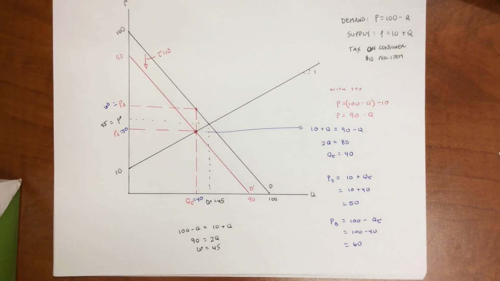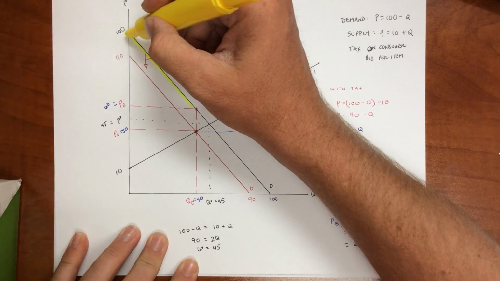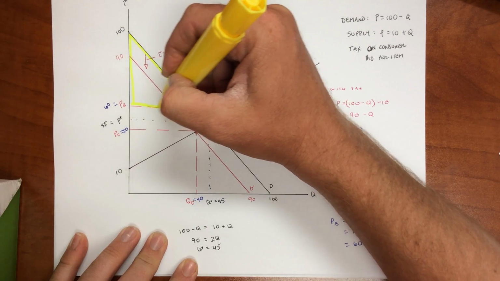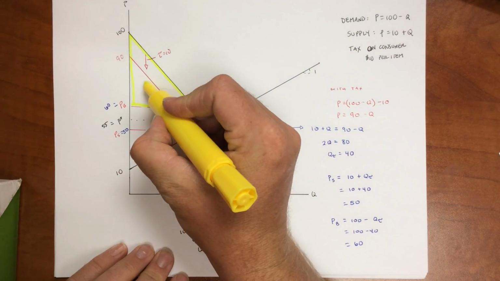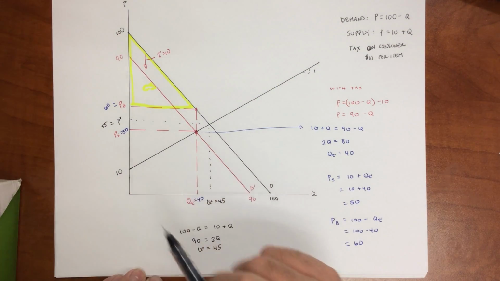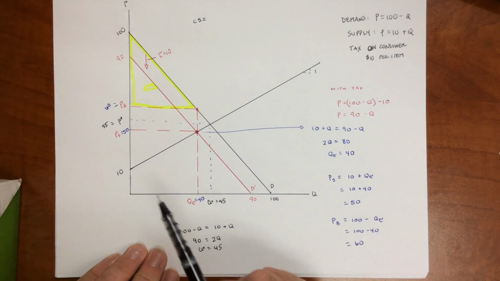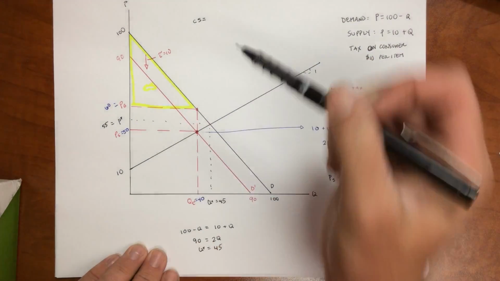Well, now I can identify the different areas that we've talked about. The first area to note is our consumer surplus, which is this area right here. How do you find the area of consumer surplus? Well, it's using the area of a triangle. So consumer surplus is equal to the area of the triangle, which is 1/2 base times the height.